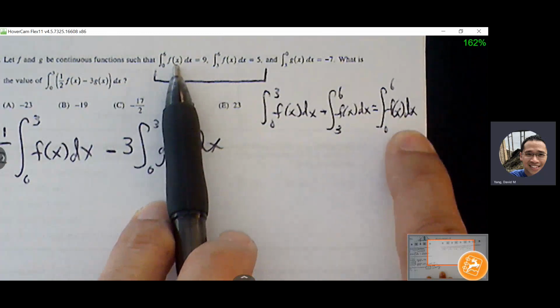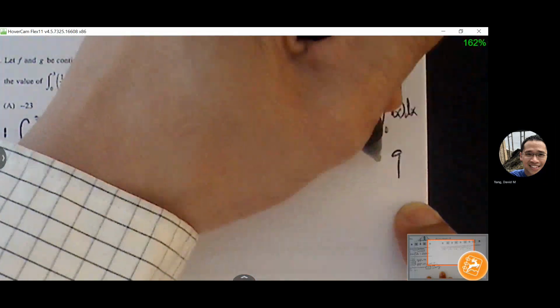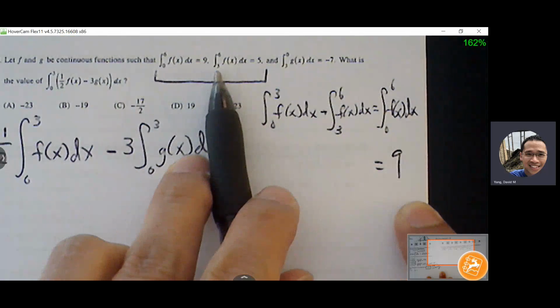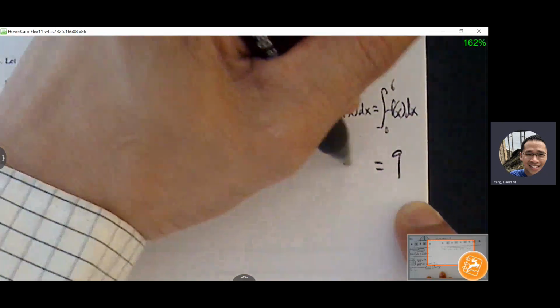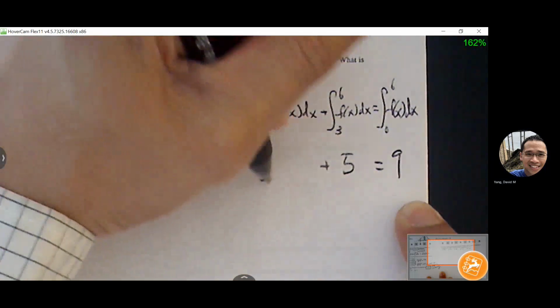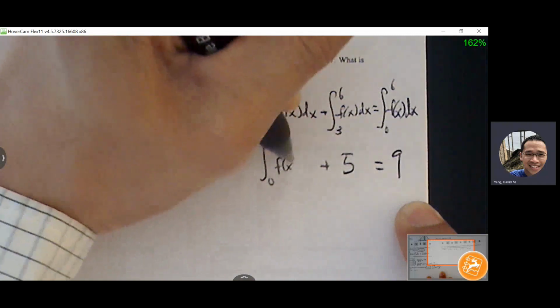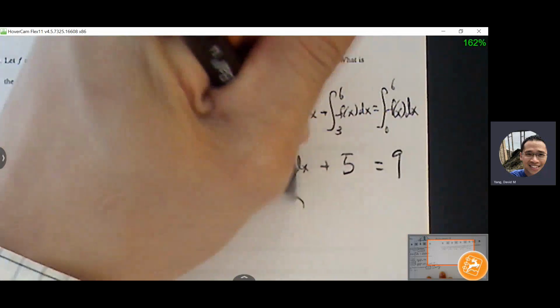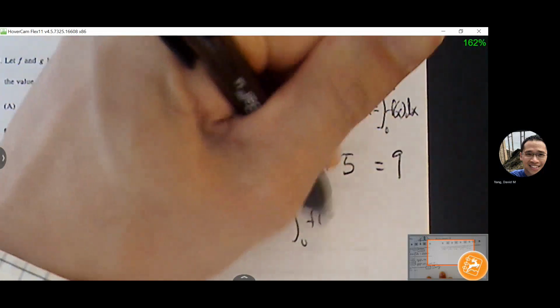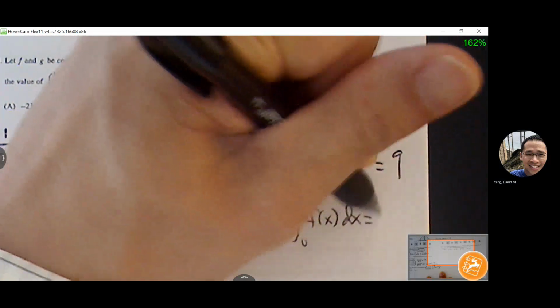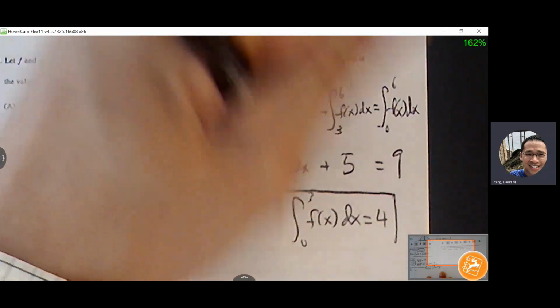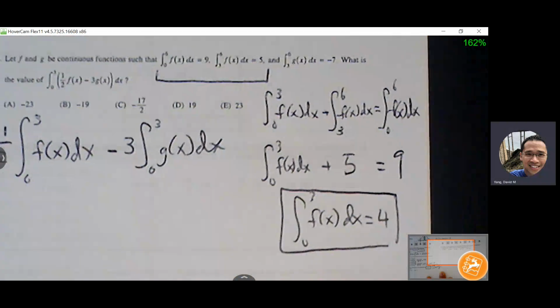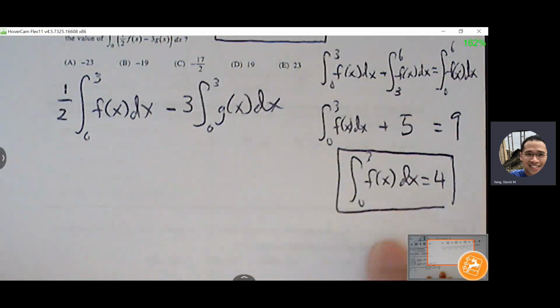So 0 to 6 is 9. 3 to 6 is 5. So therefore, 0 to 3 must be equal to 9 minus 5, which is 4. Right, it doesn't give me it explicitly. I have to kind of work at it to get to that number.